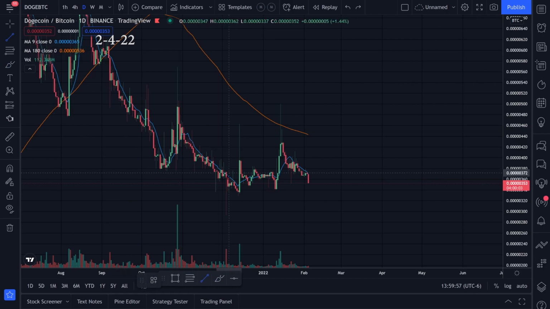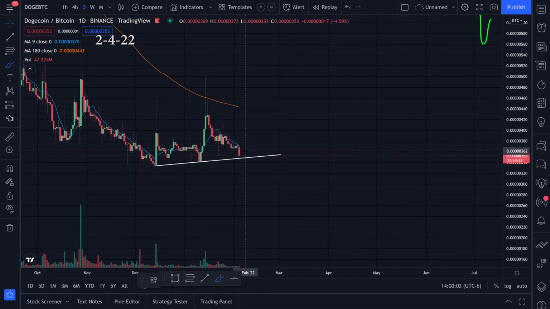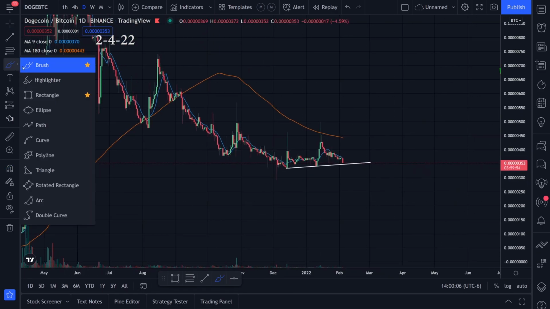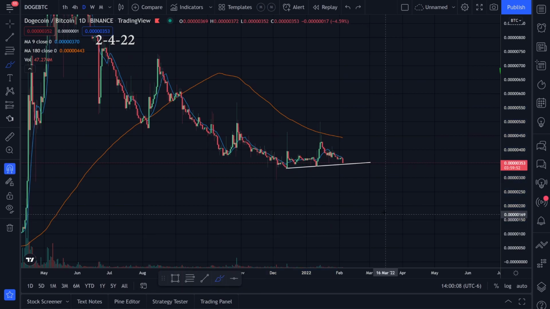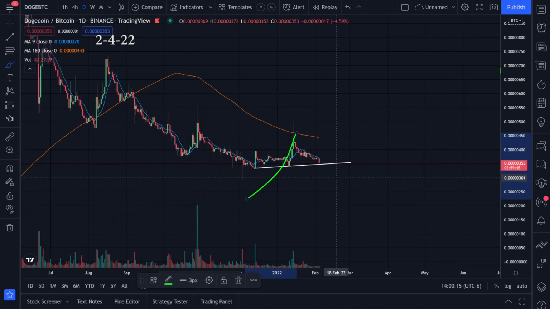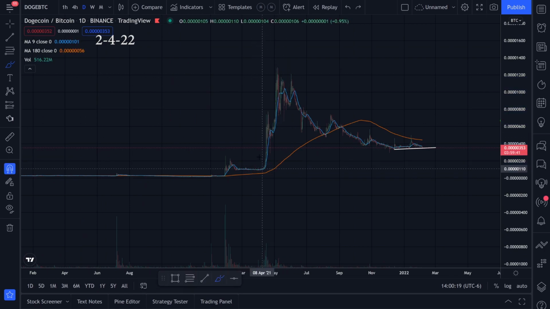Let's draw something like this. We have this bottom right here. Kind of curious if we're going to hold on this bottom or if we're going to break down. In general, if this chart is moving down, it's good for Bitcoin, and if this chart pops up, then it's good for Dogecoin. Basically, some of that Bitcoin money is coming into Dogecoin, and if you look back, we had this big huge run right here.